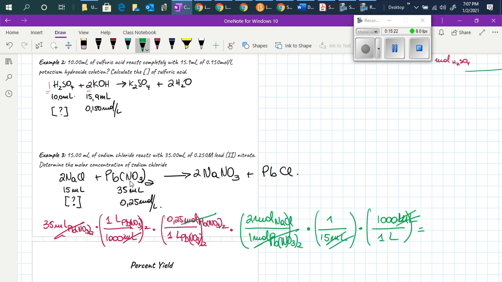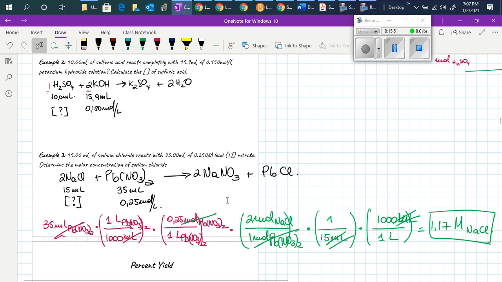So now in terms of numbers, we have 35 times 1 times 0.25 times 2 times 1,000, divided the whole thing by 1,000 times 1 times 1 times 15, and you should have 1.17 molarity of sodium chloride. This concludes the solution.